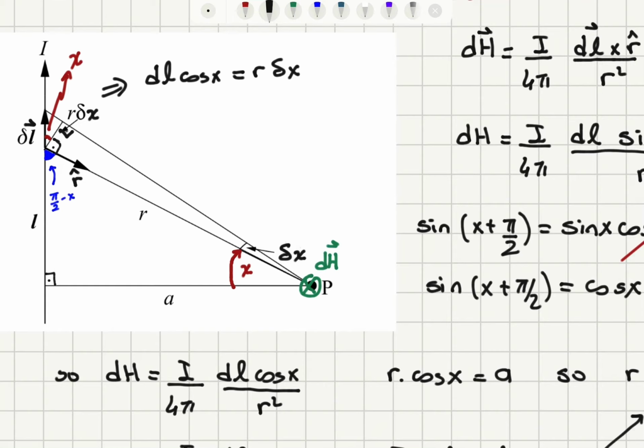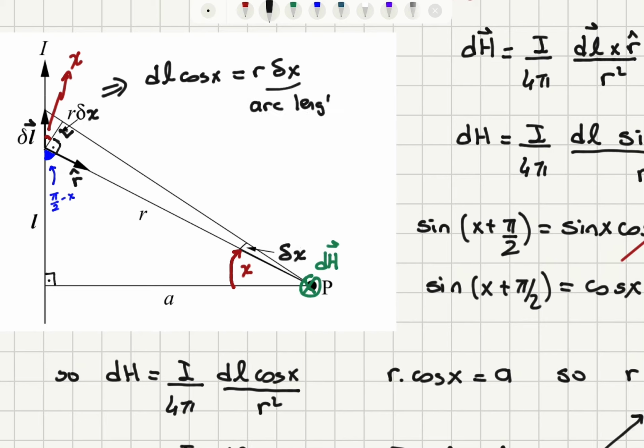And since I'm considering a small variation in x to be delta x, and a tangential to this variation, an arc length r delta x, I'm going to have 90 degrees plus 90 minus x, 180 minus x, so x should be the red region that I have labeled between delta L and the perpendicular that I have drawn. So here from this triangle I see dl cosine x is r delta x. R delta x is arc length.